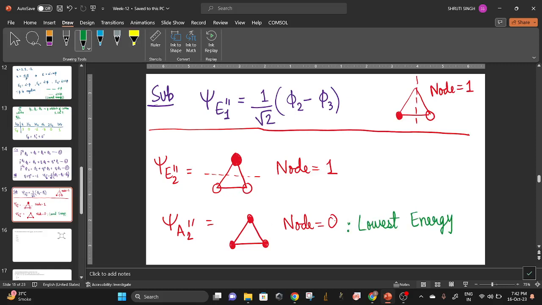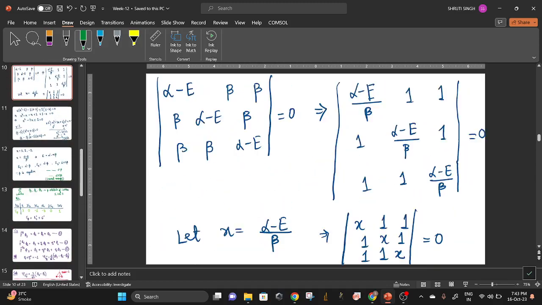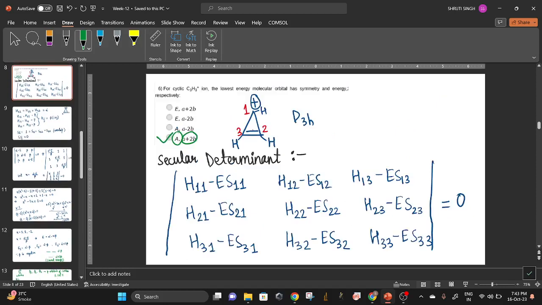Okay, so we have found out the lowest energy symmetry belongs to A2 double dash, or when we write it in terms of molecular orbitals, we write it as A2. Hence, to answer this question completely, first we figured out the energy, which is A plus 2 beta, and the symmetry is A. So the answer is the fourth one here.